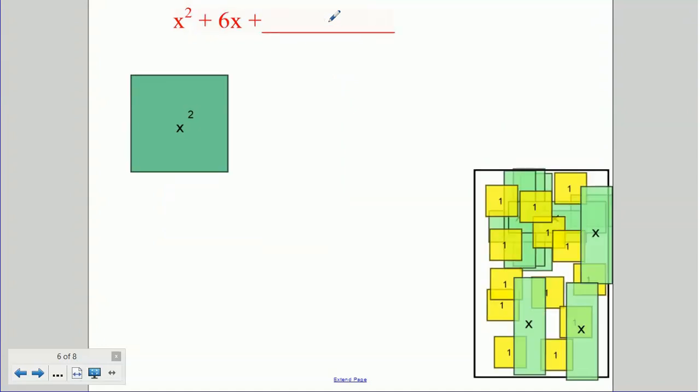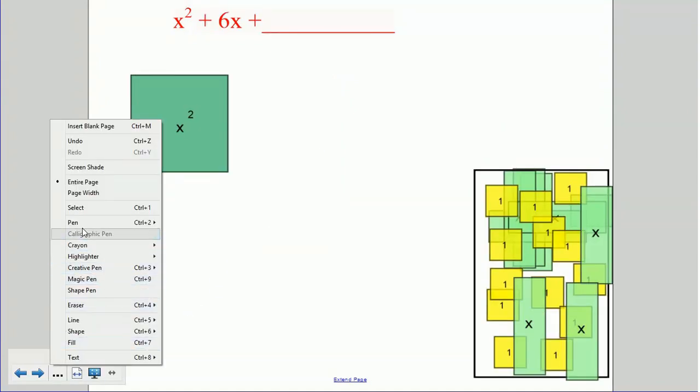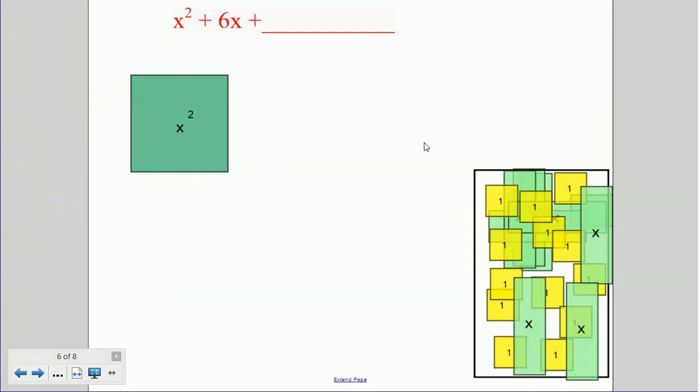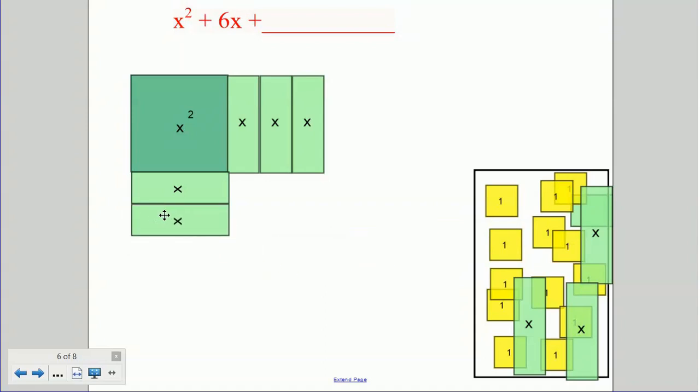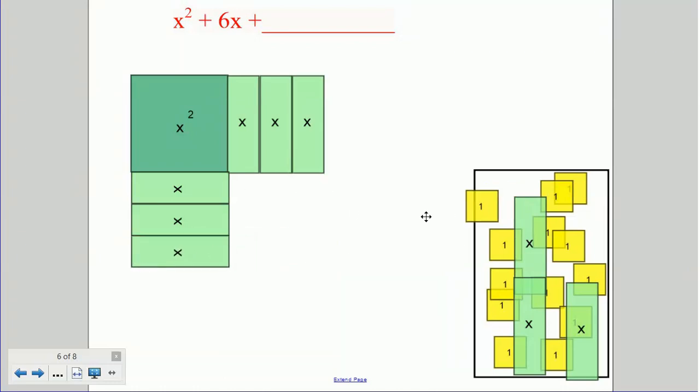Let's try it again. So I have x squared plus 6x plus blank. So I need to find my plus blank. So I need 6 x terms. Let's go ahead and arrange 6 x terms here. So I need to put 3 on this side, and 3 on this side. Now, how many little ones is it going to take me to fill it in?